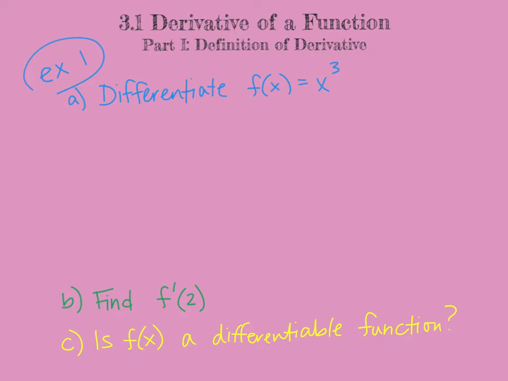In this first example here, we want to differentiate f of x equals x cubed. Now, differentiate means find f prime of x. So I'm going to write, aka, find f prime of x, or find the derivative of f. That's just another verb we can use.